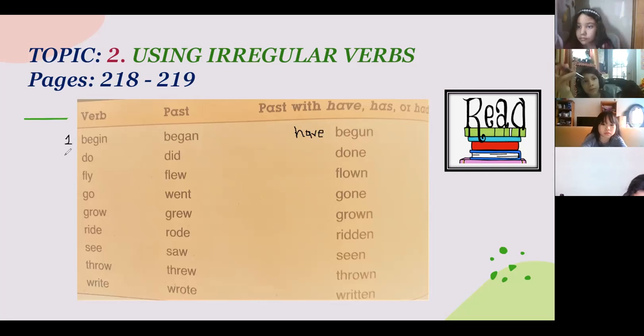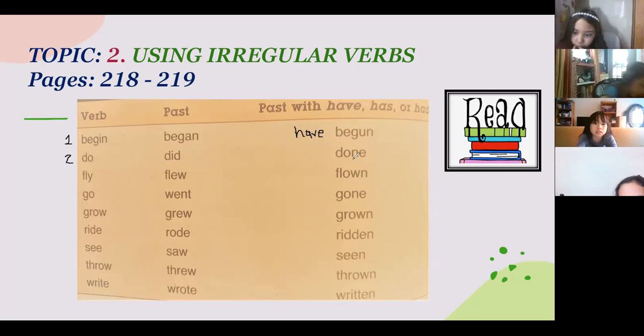Number two, we have the verb do. What is the past tense of the verb do? It's did. That is the past tense. So we say do in present, did in past, and with have, has, or had, it's done.